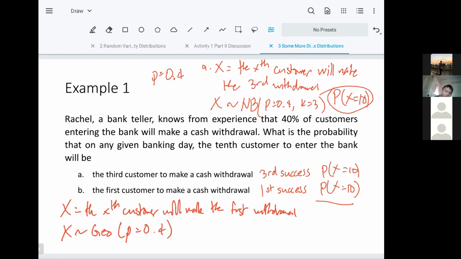Now, can I use a negative binomial with k equals 1? Yes, that's precisely the definition of the geometric: it's the negative binomial distribution with k equals 1. So either is correct; it's the same thing. Then you solve for P of X equals 10, which is 0.4 times 0.6 raised to 9. Whatever that is.